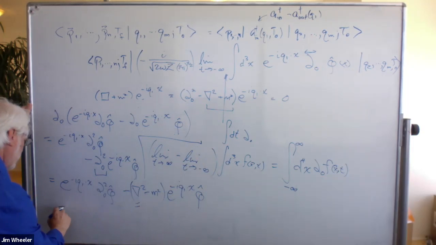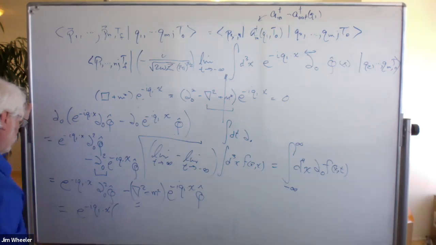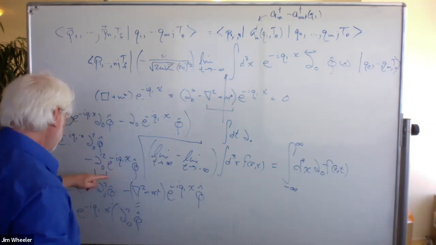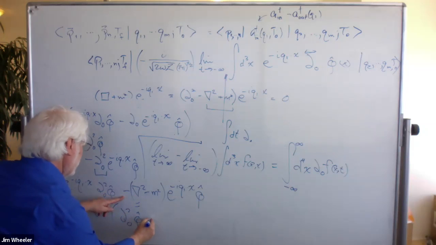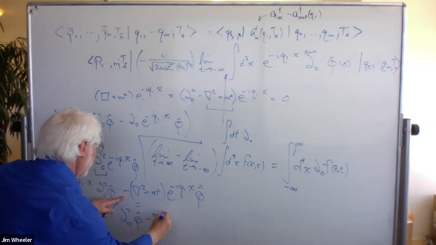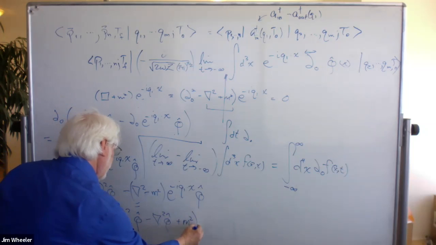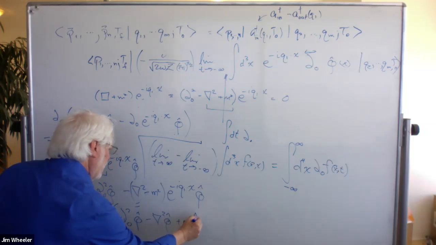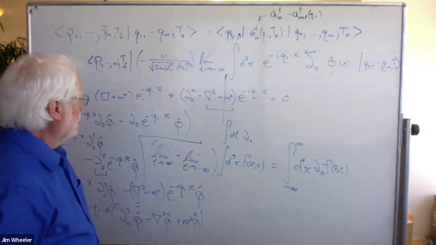I can integrate the Laplacian by parts, and I'm going to have e to the minus i Q1 dot x times what? There's a D0 squared phi. And then two integrations by parts doesn't change the sign. So we still have minus, but now the del squared is acting on the phi, and then we have plus m squared. That's the wave operator acting on phi. And then I pulled out the e to the minus i Q1 dot x.